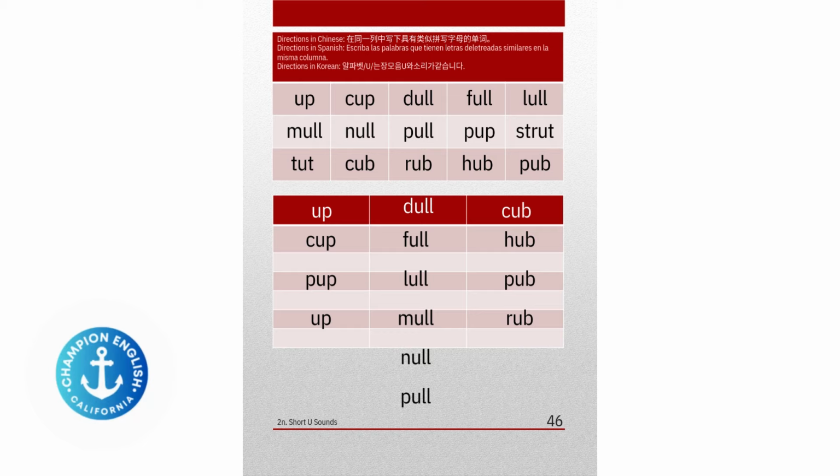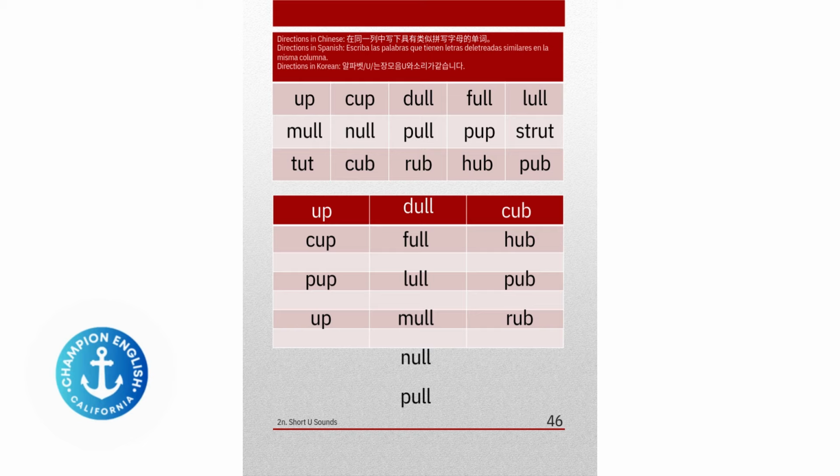Okay, students, now let's look at each word that we have in each of our columns here. So the first word that we have is up, and we're going to say cup, pup, and up. In the second column, we have dull, and we're going to say full, lull, mull, null, and pull.